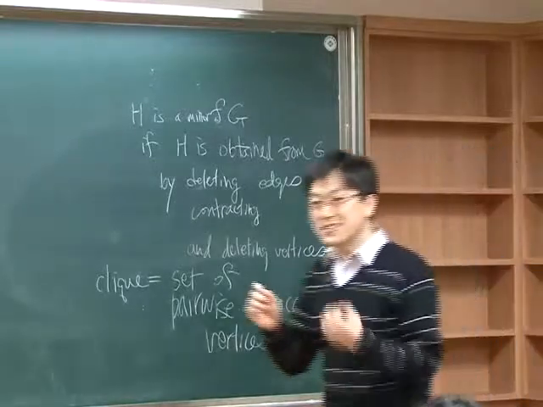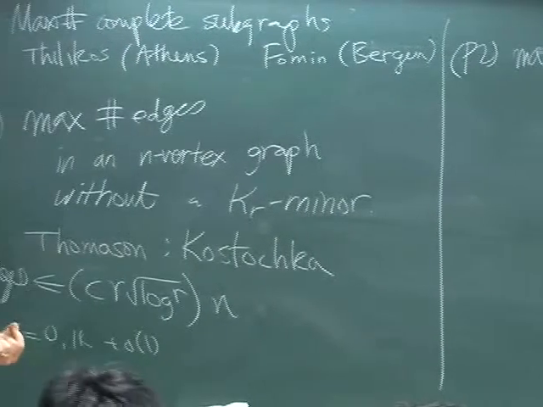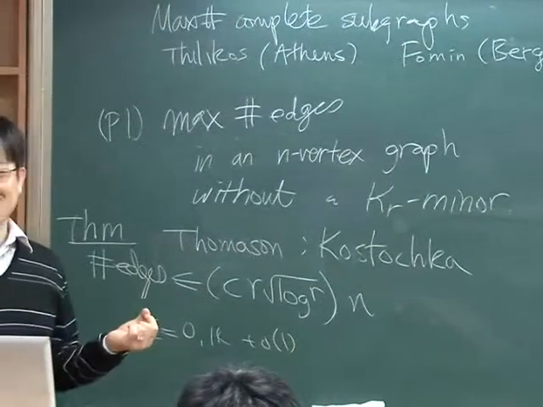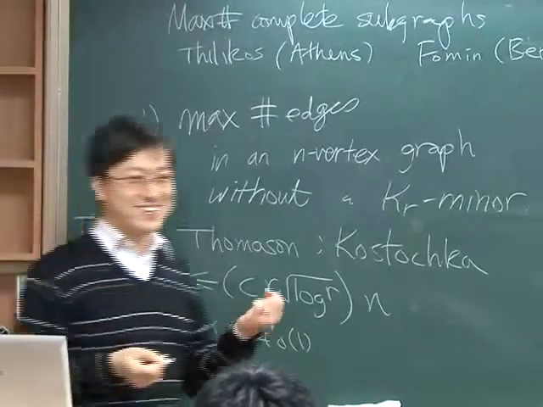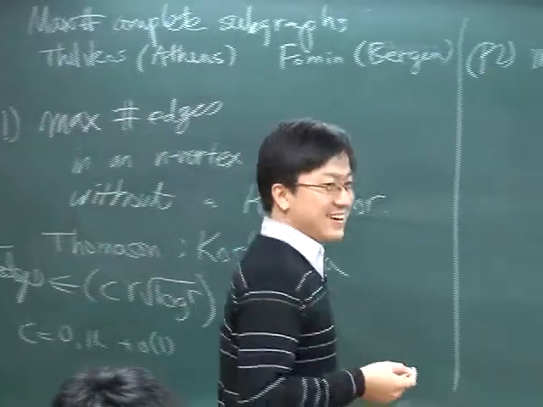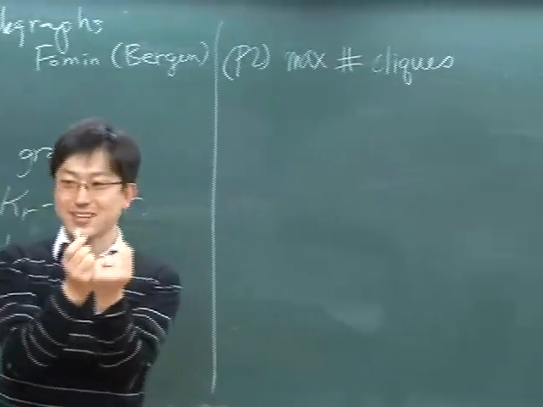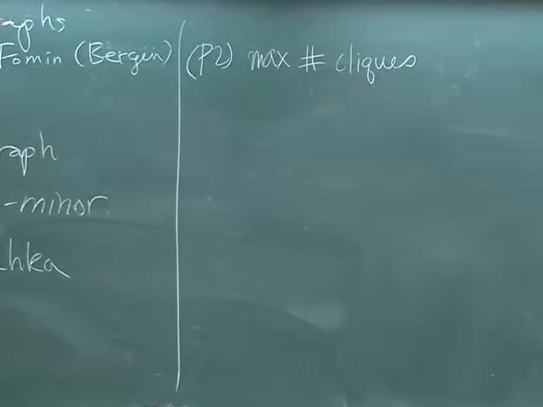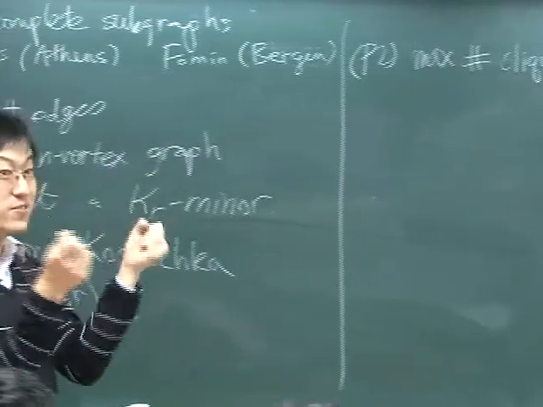Right, so the empty set is a clique, for instance, and a set of a single vertex is a clique because they are pairwise adjacent. We are all mathematicians, so. Right. And every edge forms a clique, right? If you look at the ends of the edge, then they form a clique.